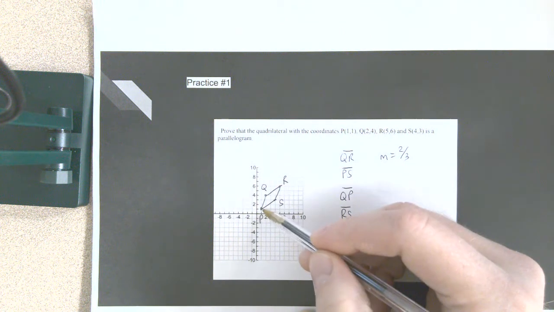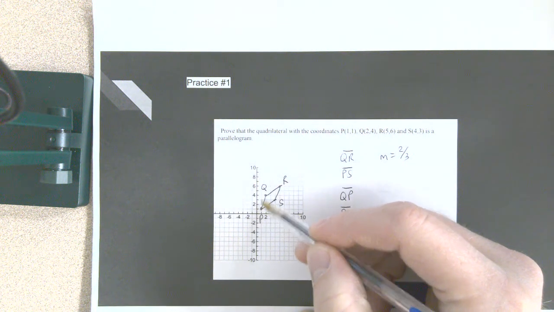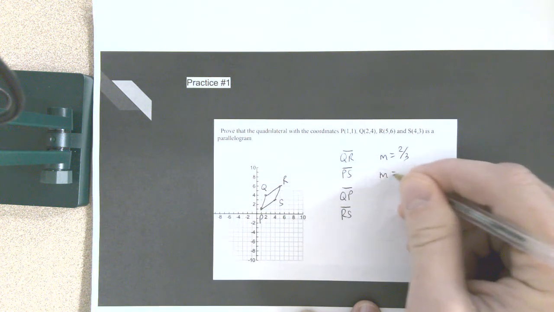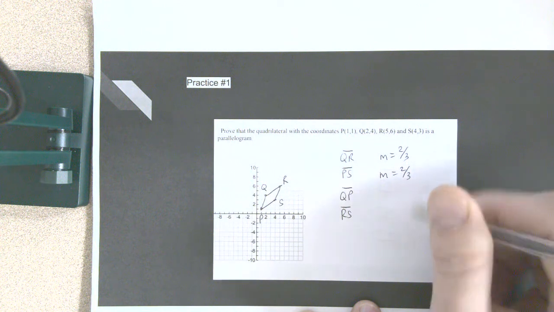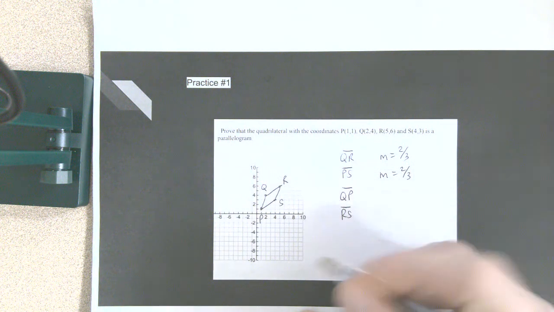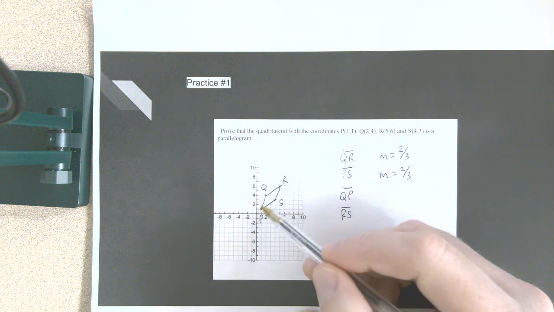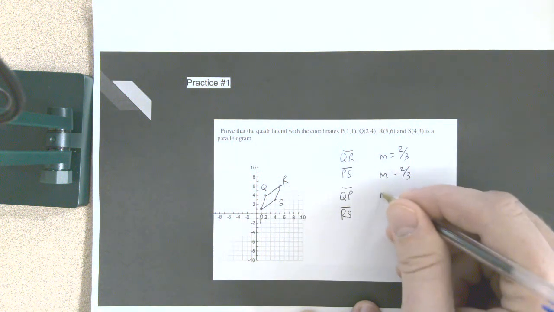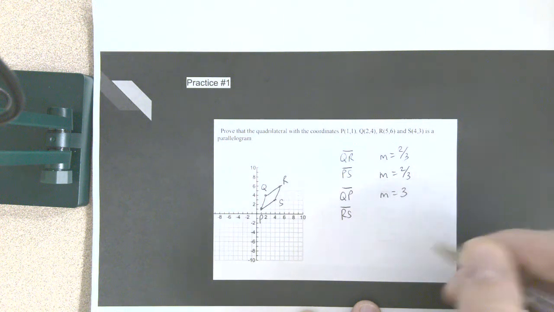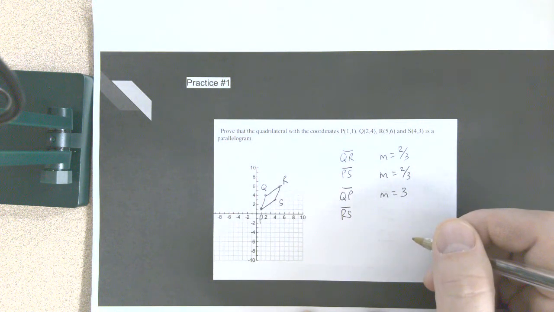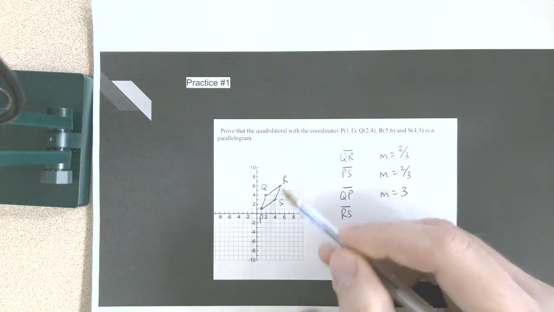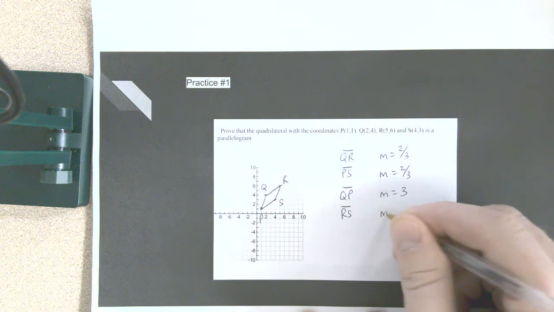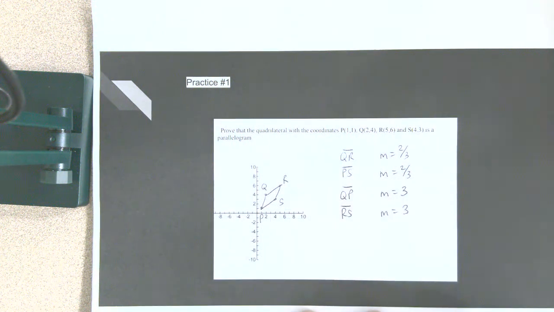For PS, if I start at P, I'm again going to count up 1, 2, and I'm going to count over 1, 2, 3. So it also has a slope of 2/3. For QP, if I start at P, I'm going to count up 1, 2, 3, and over 1 for a slope of 3 over 1 or 3. And for RS or SR, if I count up 1, 2, 3, and over 1, also a slope of 3.